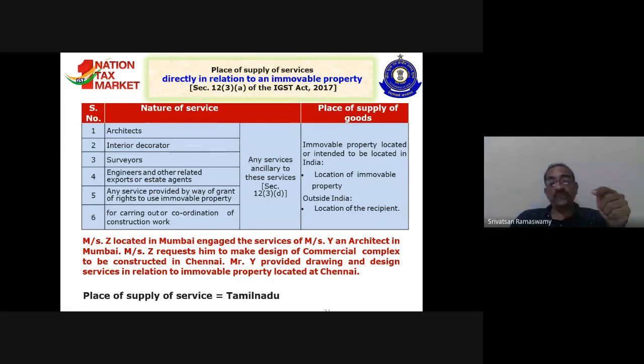The recipient is located in Mumbai, therefore it becomes an intrastate transaction. But here, because the immovable property is located within India, it is the location of the property, Tamil Nadu. So you have to understand and distinguish between the location of the property inside India and outside India. If it is inside India, it is the location of the property. If the property is outside India, it is the location of the recipient. Okay, so that will also have to be understood.